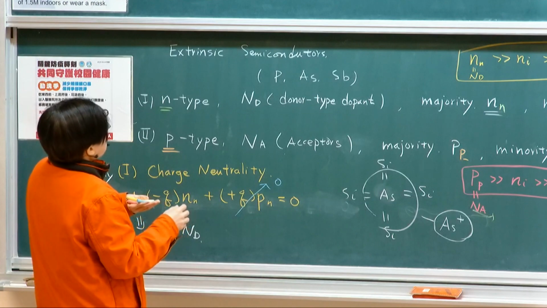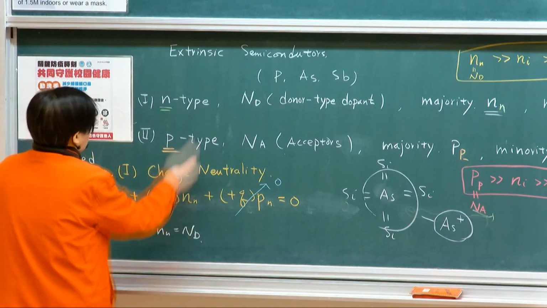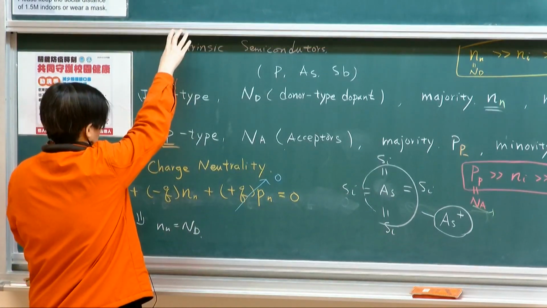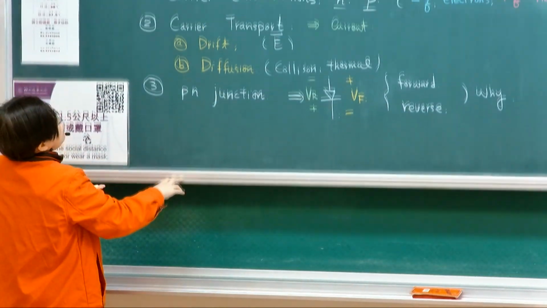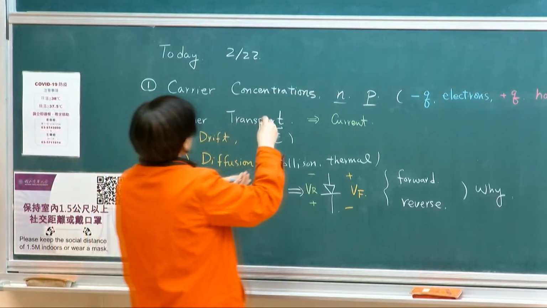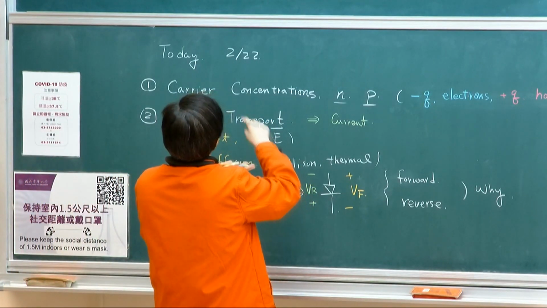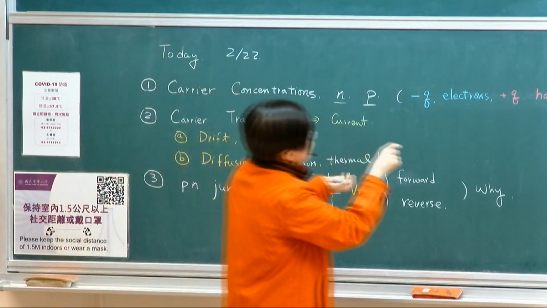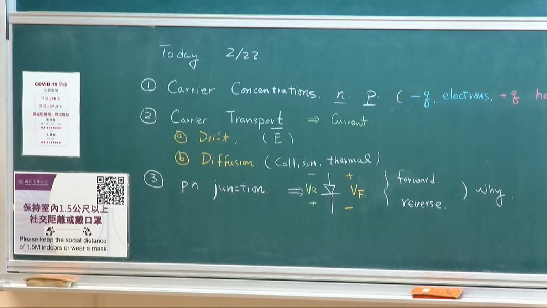So for the same charge neutrality equation, for n-type, I'm going to write it again.